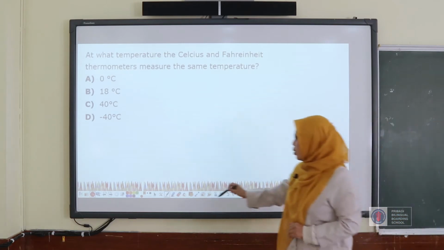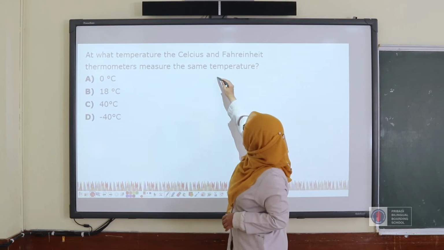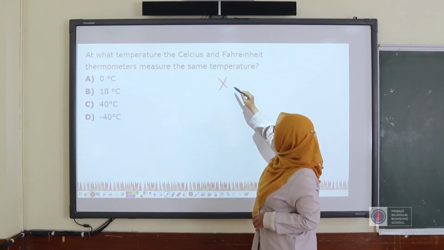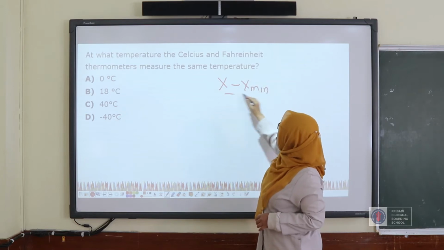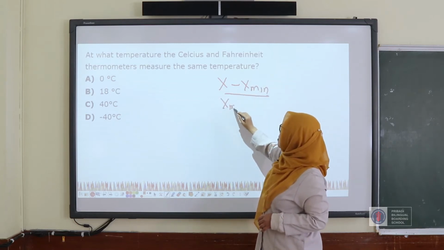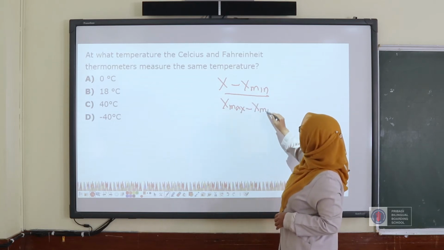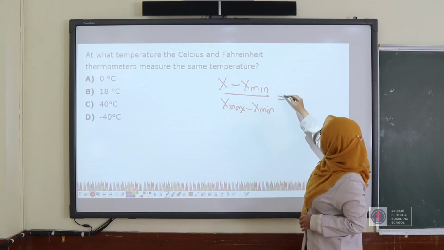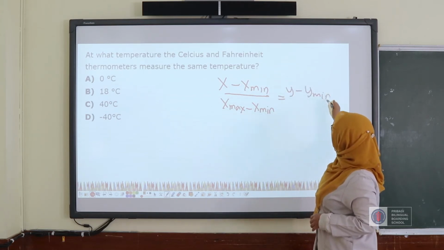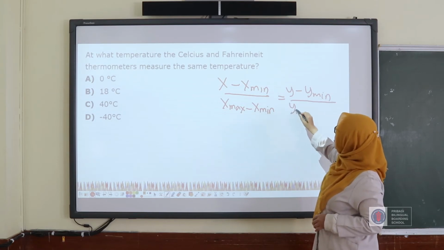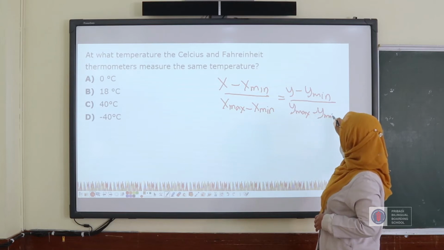Okay, as we know, we have the general equation that we can use to find the temperature: (x - x minimum) over (x maximum - x minimum) equals (y - y minimum) over (y maximum - y minimum).